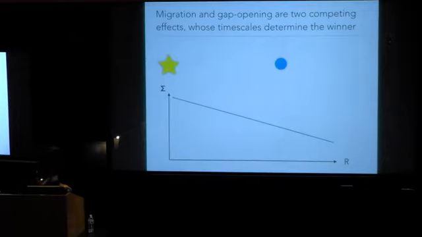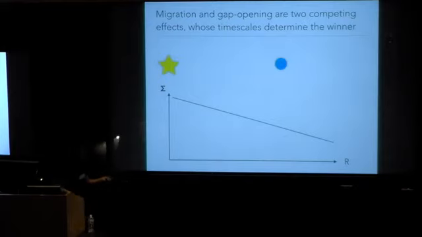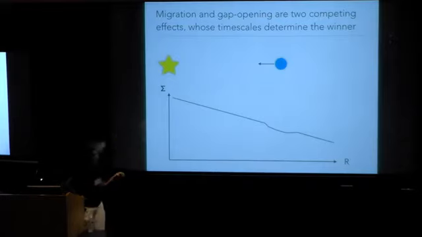And the reason why he was finding this was as follows. Here's my schematic diagram of the planet in a disk. This is the surface density. When the planet is embedded in the disk, it's trying to carve out a gap. So this is my little gap that it's carving out. But at the same time, it's also migrating, so it's moving inwards in the disk.